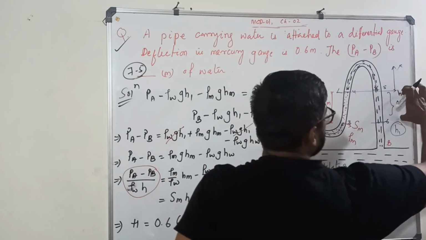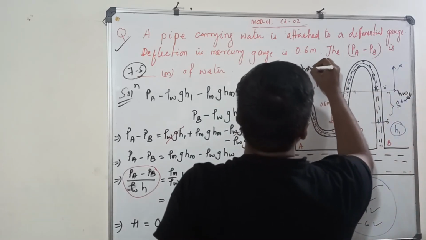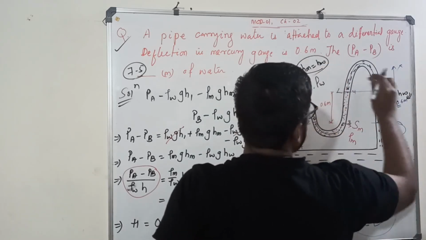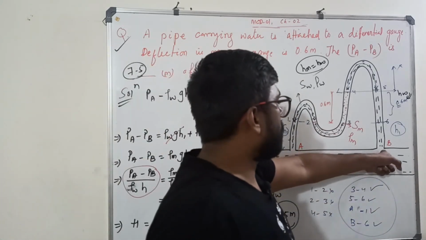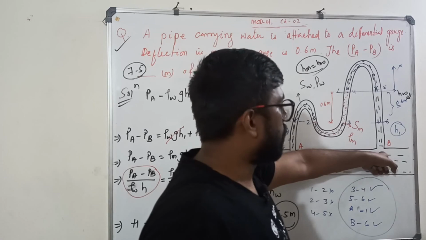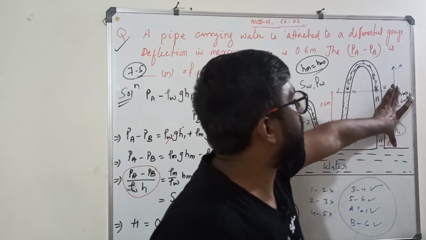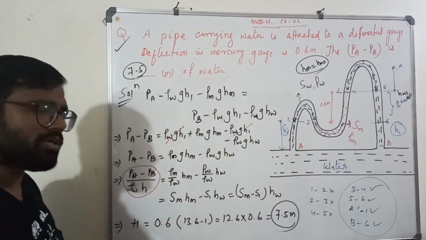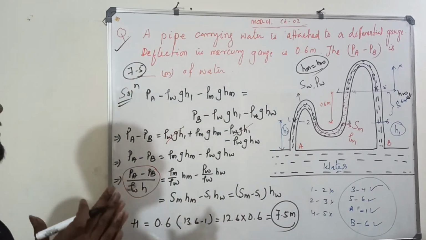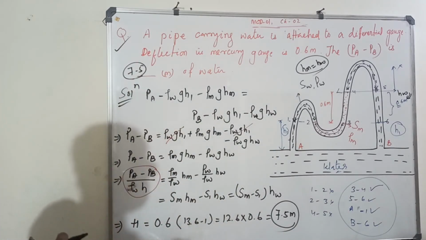This height is equal to this height, that is Hm is equal to H water. Or I could have written PB minus rho water G into H1 plus 0.6 meter also. I would have written that also, and that is also correct. However you want, you can go ahead with this problem.